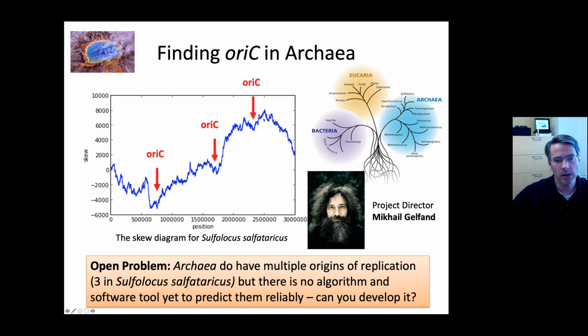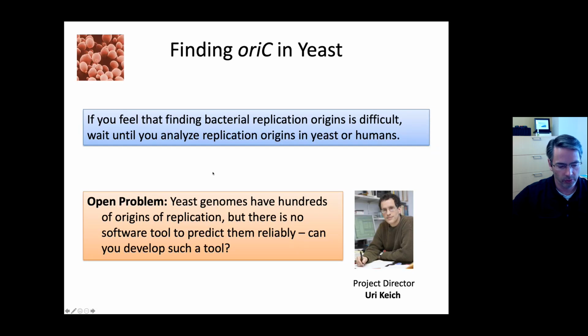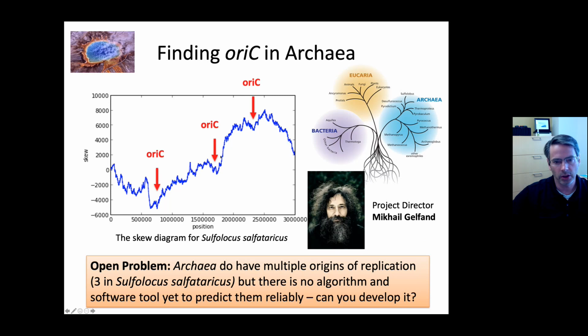So how do you define min skew in this? Well, you could just scale the inflection points somehow. Okay, so your inflection point has to be over a certain range, or with a certain minimum and maximum over a given range, to be defined as an origin of replication, but then you've got to count frequent words in those.